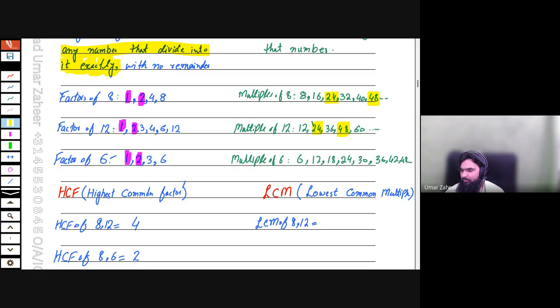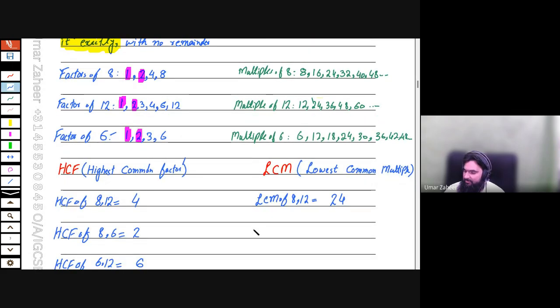If we move further, obviously we have more multiples as well. But we are looking for the least common multiple, so in all of them the least common multiple is going to be 24. We are looking for the smallest common multiple. So the smallest common multiple, or least common multiple, is going to be 24 between 8 and 12.